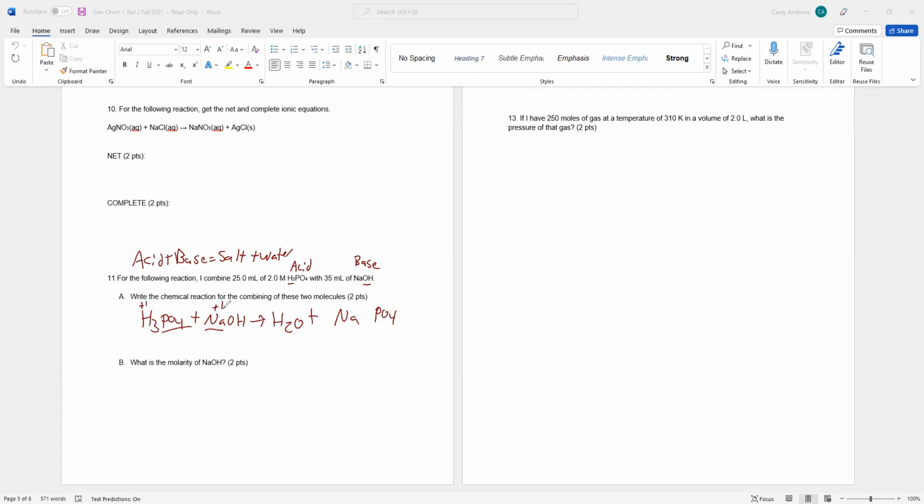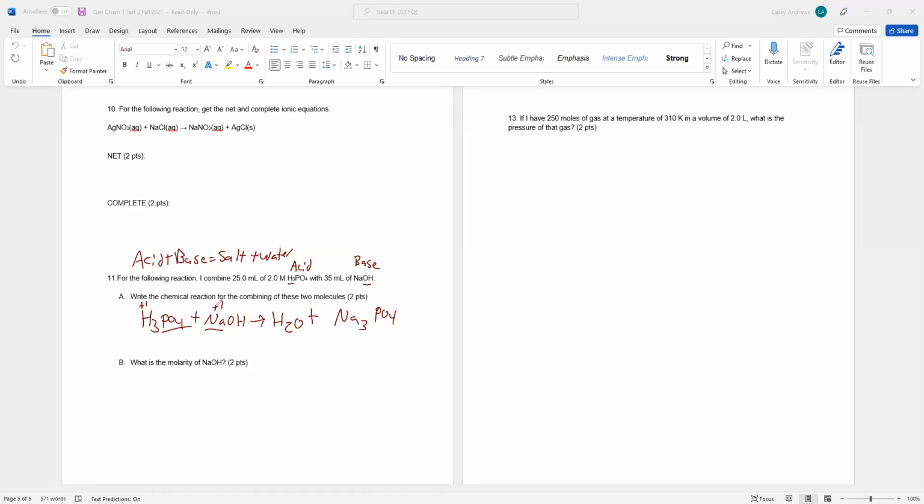Sodium has a +1. Therefore, if I needed 3 hydrogens to go with my PO4, I must need 3 sodiums to go with my PO4. So again, using stuff we've learned in different sections, you can see it just comes back over and over again. These ideas of what is the charge of my molecule in a reaction? Sodium's always +1, hydrogen's always +1.